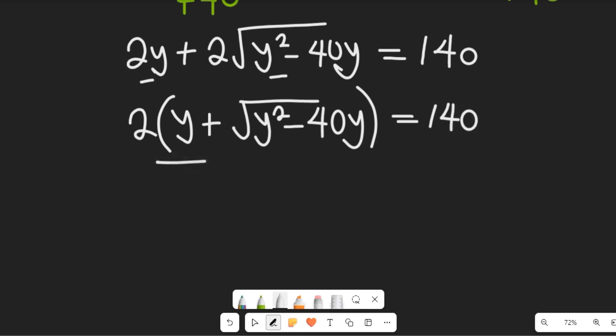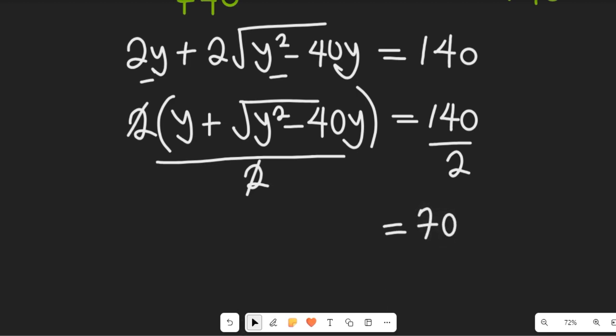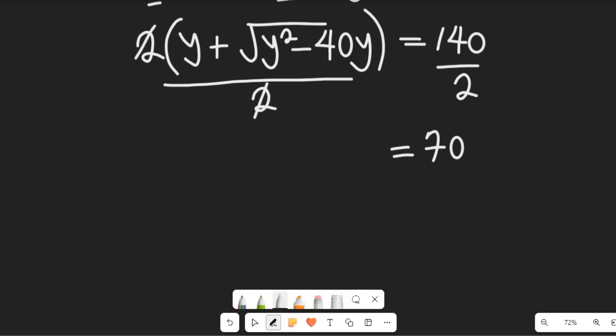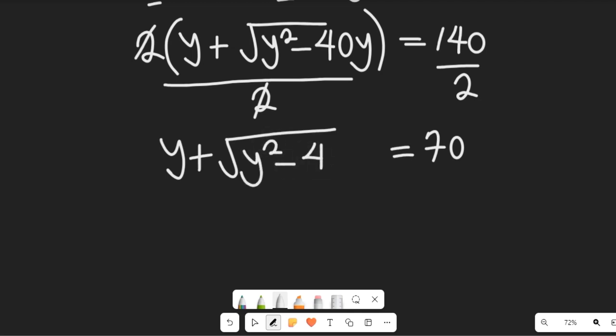So if we simplify this by dividing here by 2, 2 is going to clear 2, and this expression is going to give us 140 divided by 2, which is 70, and then this other expression will give us y plus the square root of y squared minus 40y.